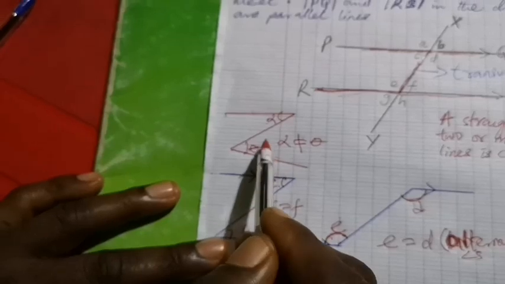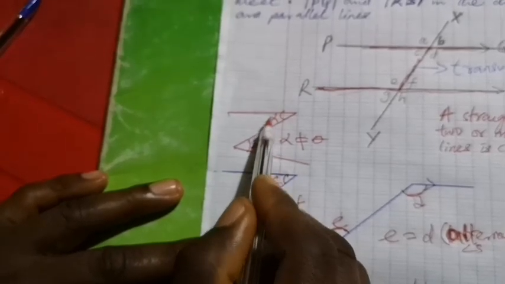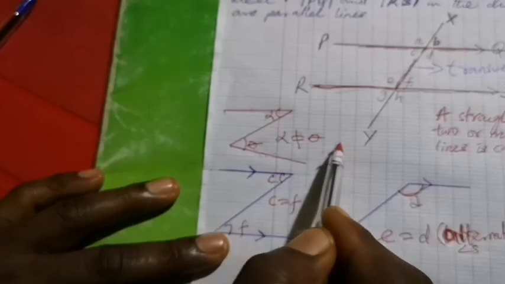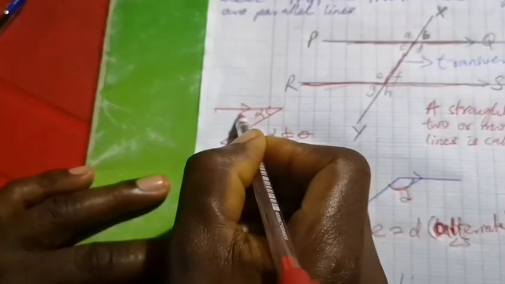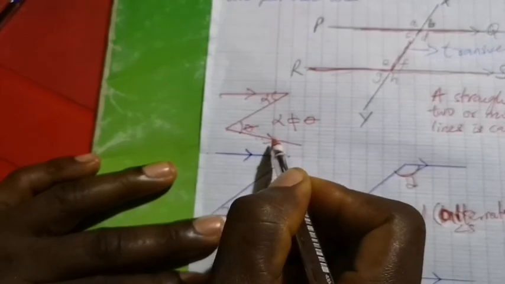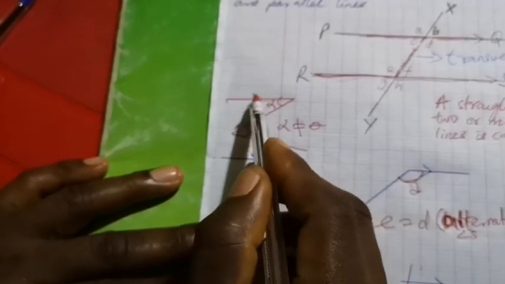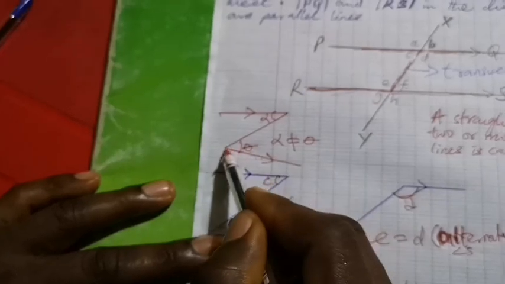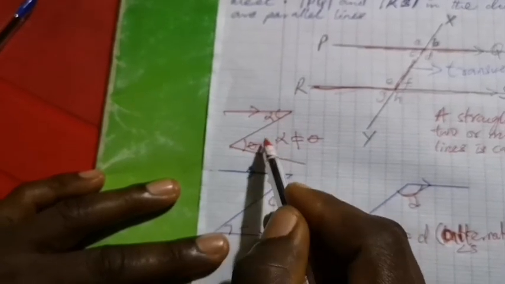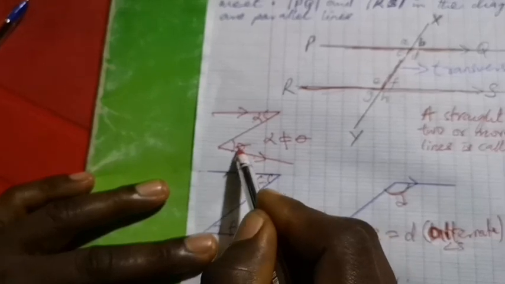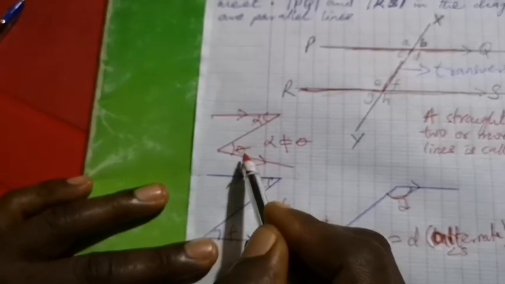So before I will say that alpha is equal to theta, which is alternate angles, this line must be parallel to this one. Please take note of that. Very, very important. This line must be parallel to this line. Then on having this transversal line, I can now say that alpha is equal to theta, which is alternate angles.